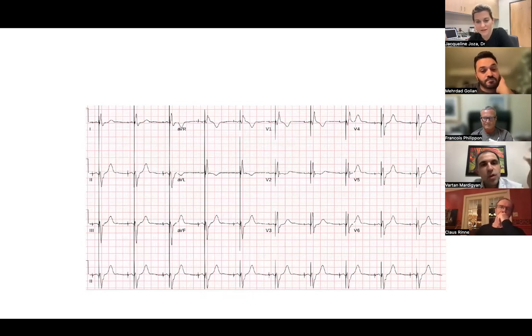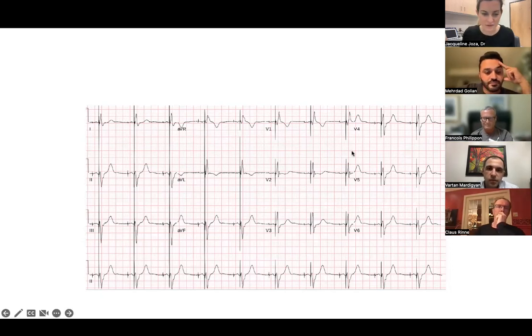I have a few slides on that. The most common thing we see is when you connect the generator. You have this morphology before you connect the generator, and then you connect it up and you get the one you have there. It's common, yeah. I think what's really nice about this is the wider kind of R wave here. It kind of steps out, and I think that's what makes it more selective to the left bundle.